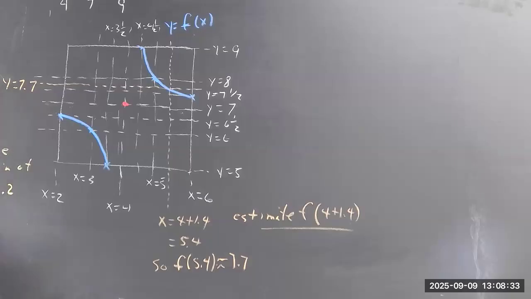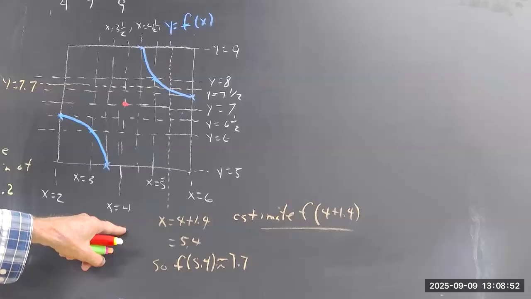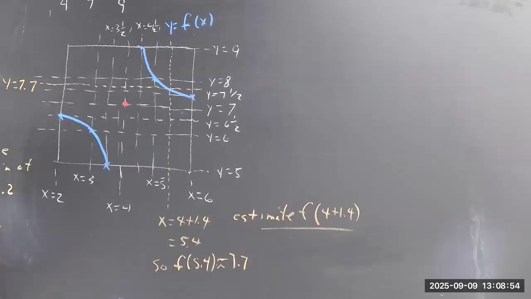Okay. Now that's going to be y equals 2.8. Okay. Because b is your x equals 4, you go 1.2 to the left. So what we do is y equals 2.8.